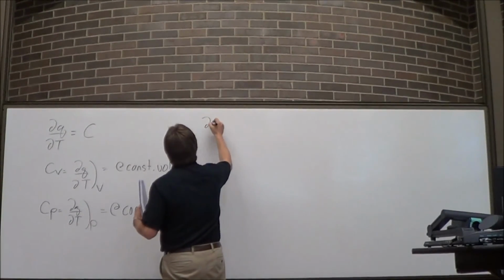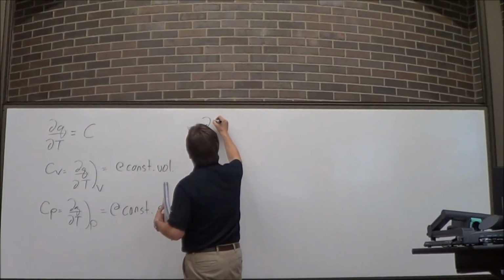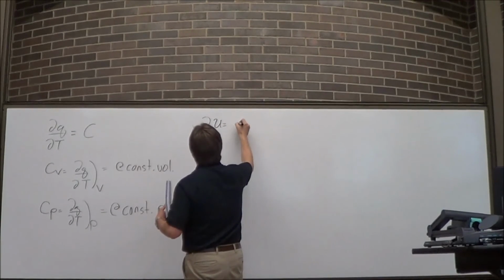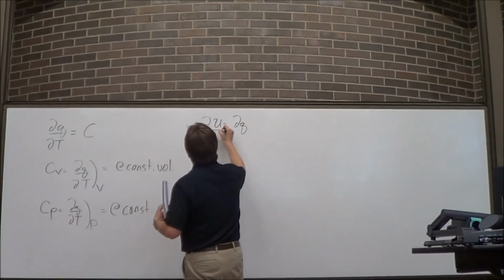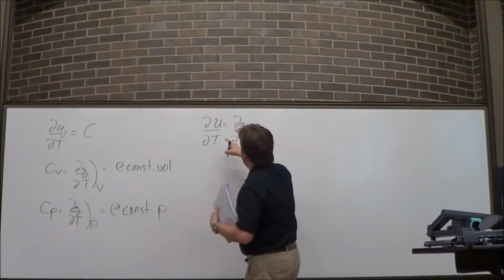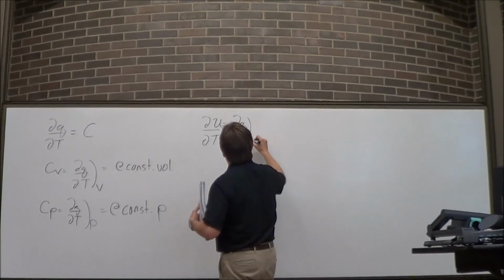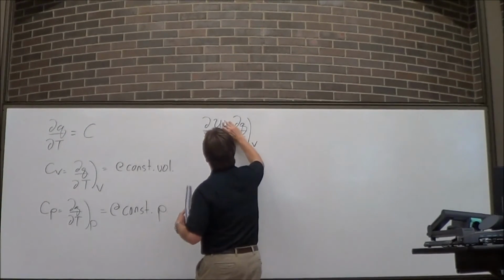We also talked about how at constant volume there's no work. So in which case the change in U is the change in heat. And therefore divide by, remember you can treat this like A equals B, so divide by C. Remember this is only true at constant volume.